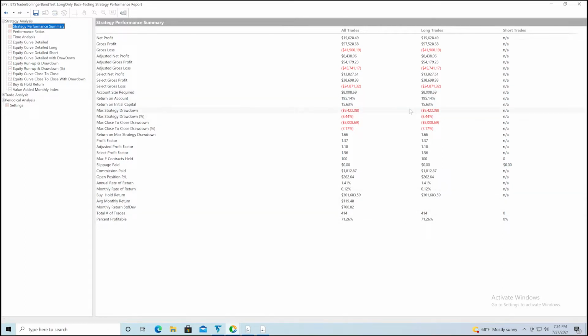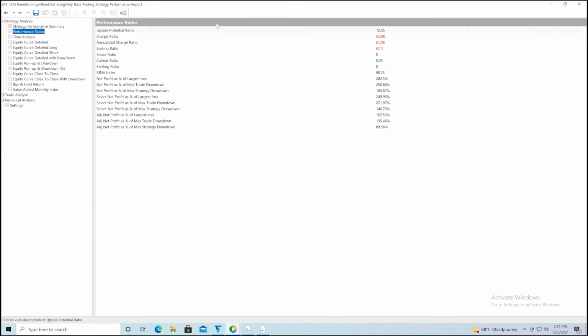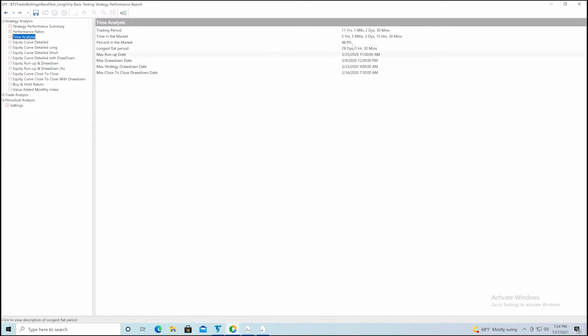Max strategy drawdown was 9,500-ish. Looking at the performance ratios, the annualized Sharpe ratio is negative, so that's obviously not good. I'm sure there are different opinions, but anything over positive 0.5 is usually considered good for most people. Time analysis: you're in the market about 50% of the time.